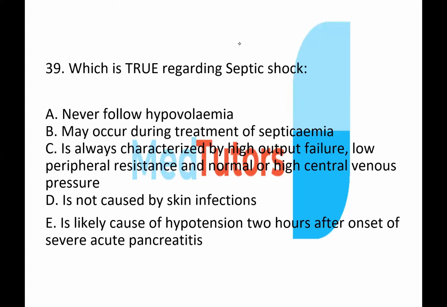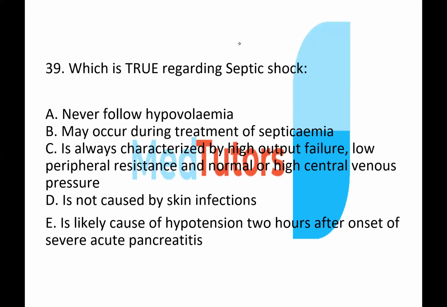You cause partial avulsion, and I told you there's still more bleeding than complete. Never follows hypovolemic shock. That is false. May occur during treatment of septicemia. Is that true? It's always characterized by high output failure, always.